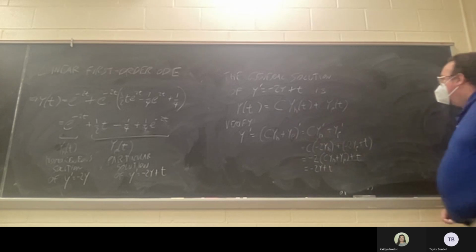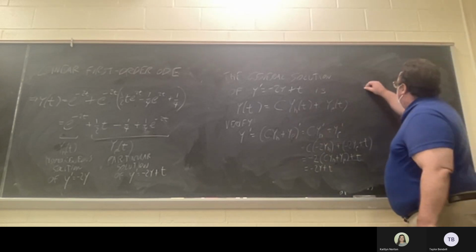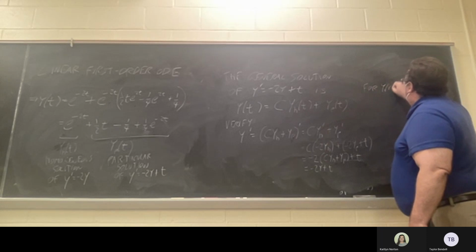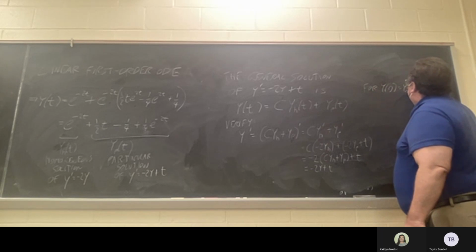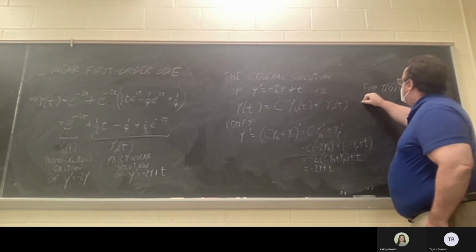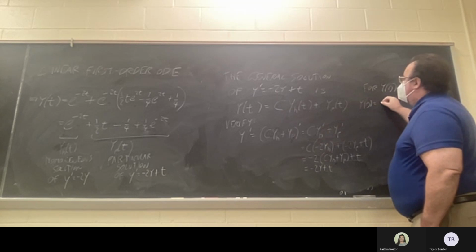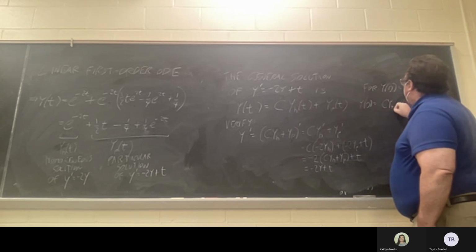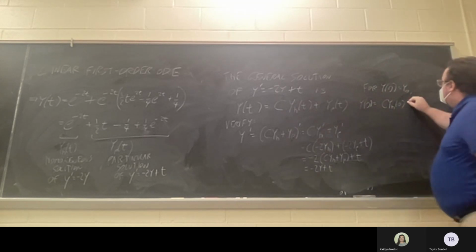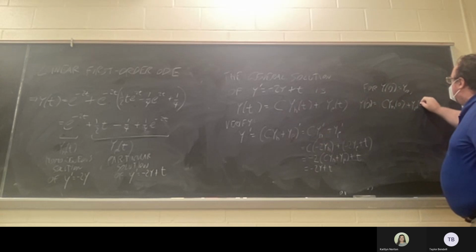So if I have y of 0 equals y naught, then I have c yh of 0 plus yp of 0 equals y naught.